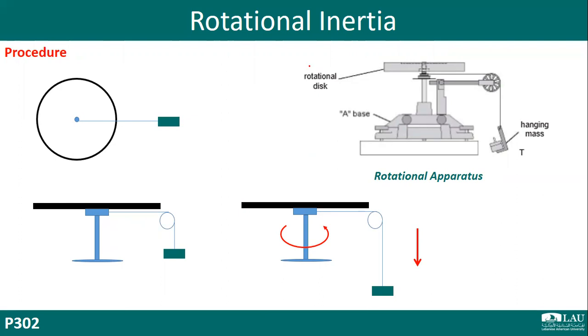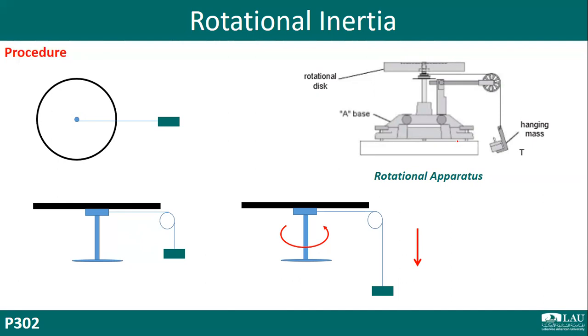The photo gate is similar to the motion sensor, and it will be placed somewhere here to detect this motion. This photo gate is studying the motion of the hanging mass. And as you know, the slope of a VT graph is the acceleration.